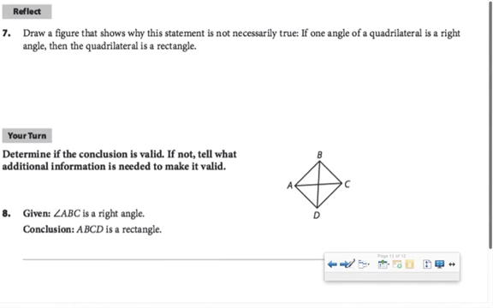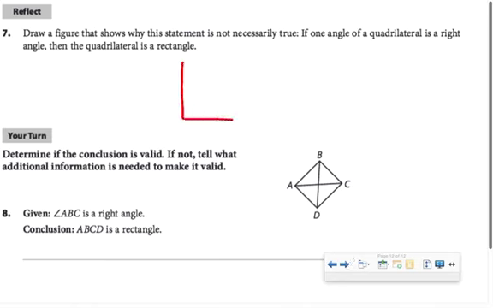Here we're asked to draw a figure that shows why the statement is not necessarily true. If one angle of a quadrilateral is a right angle, then the quadrilateral is a rectangle. Okay, so there's a right angle.